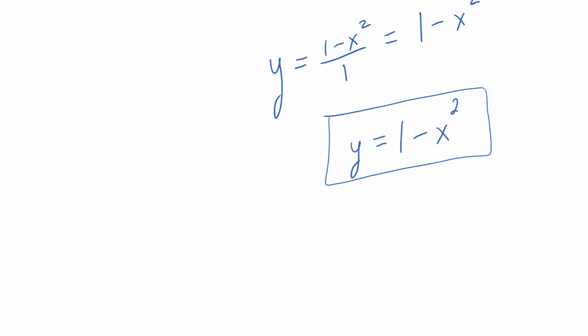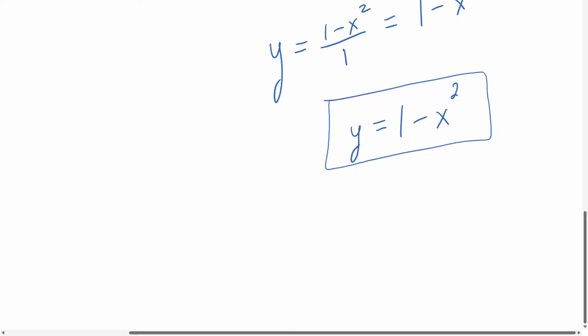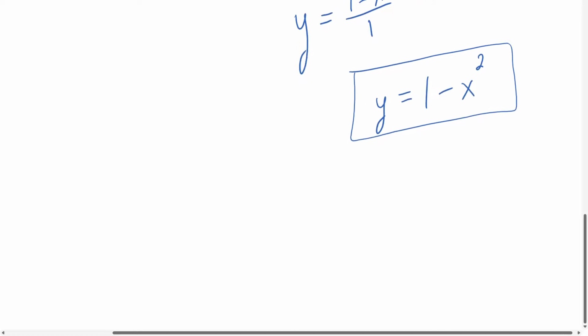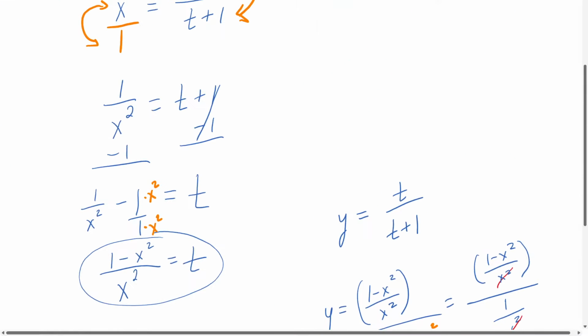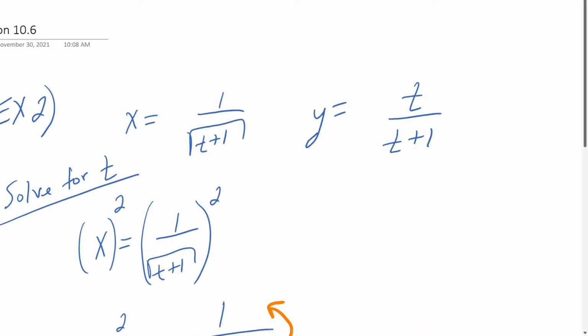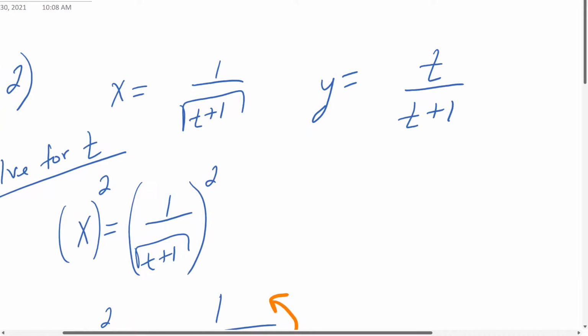However, the parametric equations that we were dealing with when we started this are only defined for certain values. Let me go back up. So these were our original parametric equations. One thing we have to watch out for is this square root in the denominator.